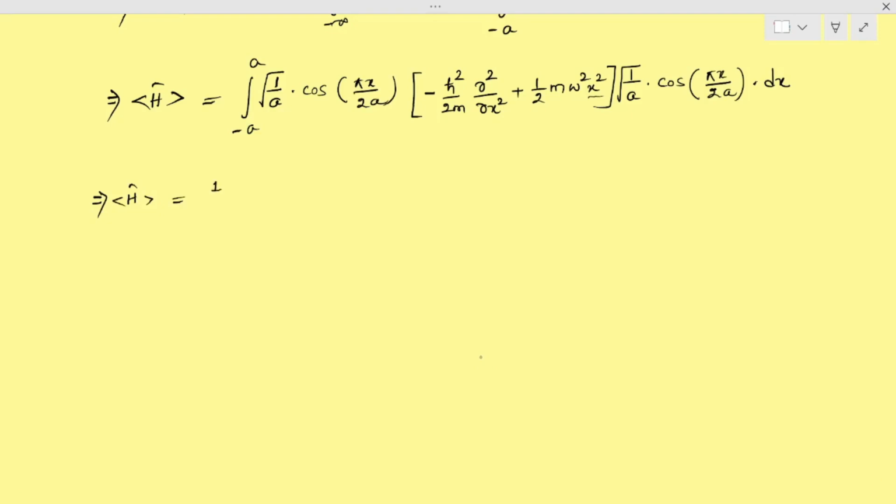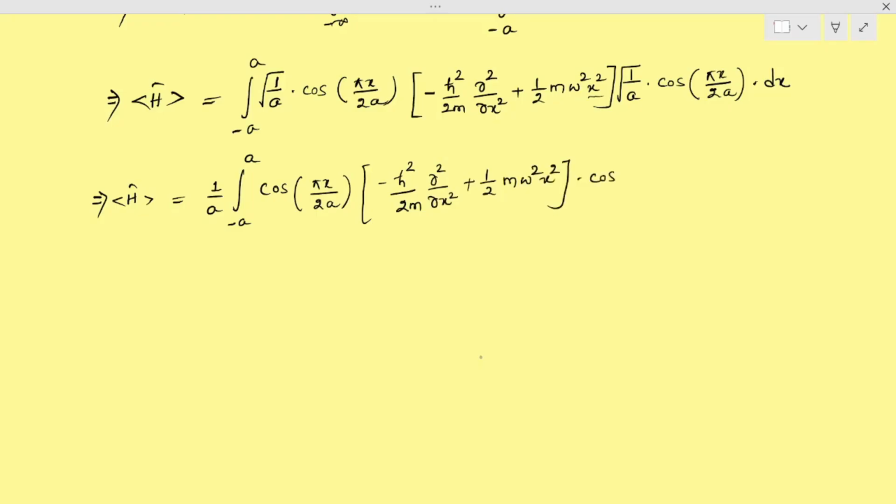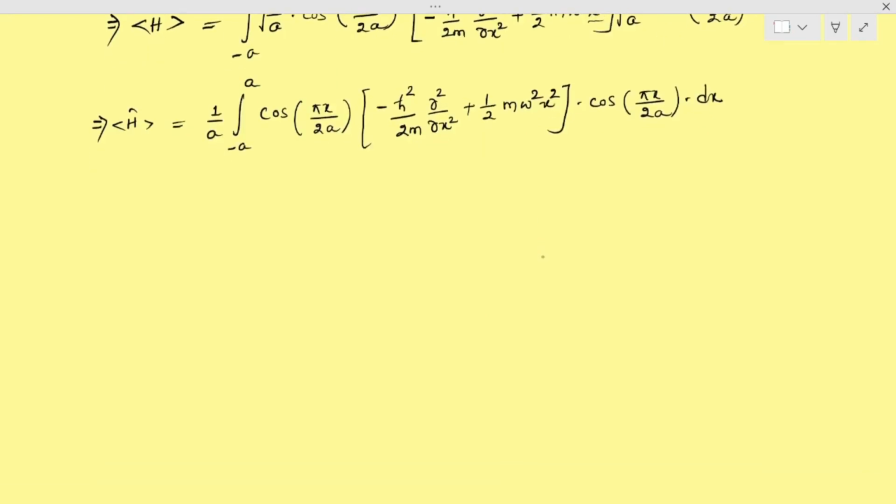So it will be 1 by a whole into minus a to plus a cos pi x by 2a whole into minus h cut square by 2m del square by del x square plus half m omega square x square into cos pi x by 2a into dx. Okay, that implies the expectation value of Hamiltonian will be 1 by a.